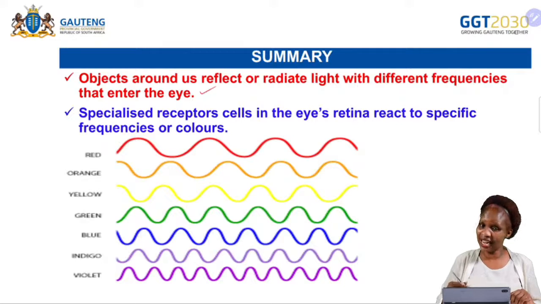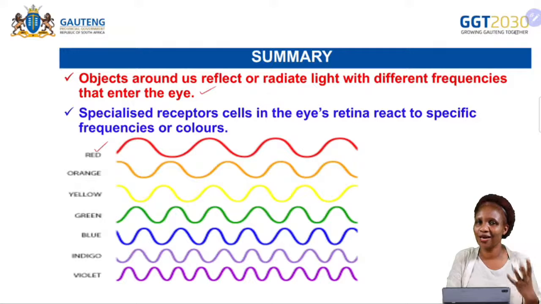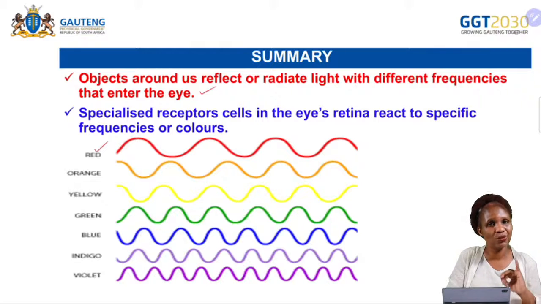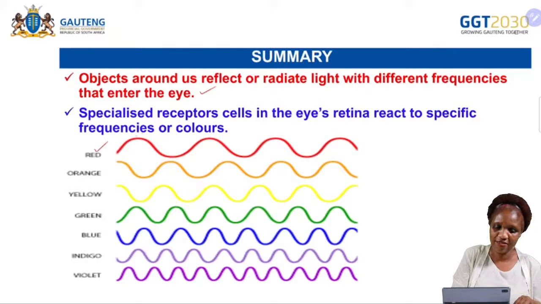And then specialized receptor cells in the eye's retina react to specific frequencies or colors. We've got an example here. Let's look at red. We said red has got the longest wavelength and the lowest frequency. How is that so? Let's look at the wavelength. Let's look at this crest and this crest.